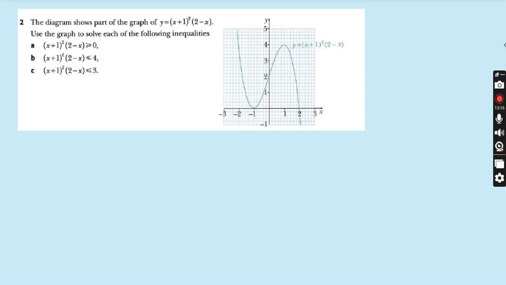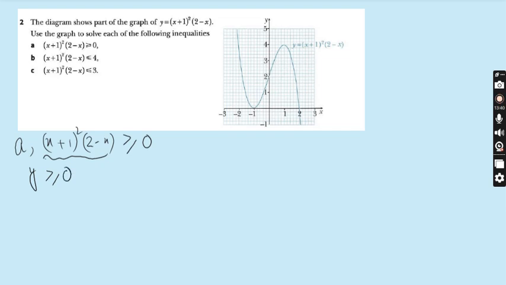Part A. (x plus 1) squared (2 minus x) greater than or equal to 0. You can see this (x plus 1) whole squared into (2 minus x) is equal to y. So y is greater than or equal to 0.